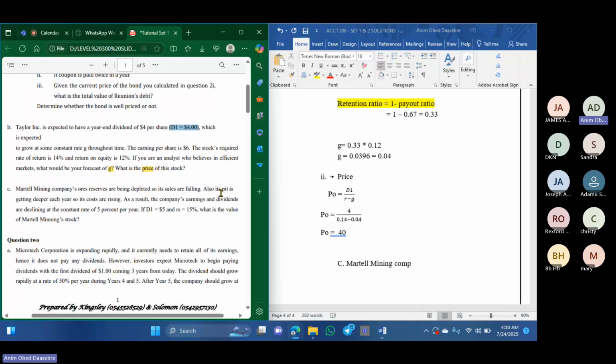Also, its pit is getting deeper each year, so its costs are rising. As a result, the company's earnings and dividends are declining at a constant rate of 5% per year. If D1 is $5, and required return is also 15%, what is the value of metal mining stock?